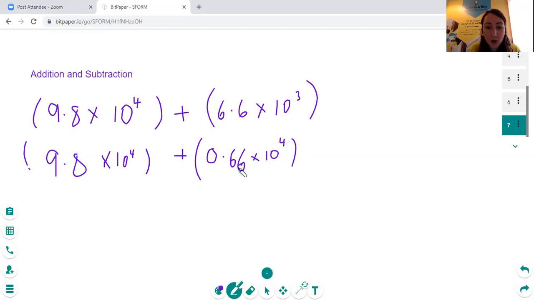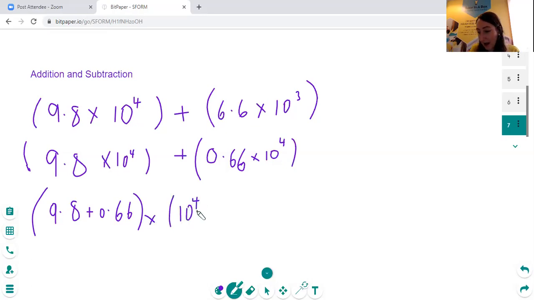So now we've got two numbers where our powers are the same. Okay, now once we've got that, then and only then can we take the numbers that are the same. So we do 9.8 plus 0.66 at the front, and that becomes times 10 to the power of 4, because they're the same.